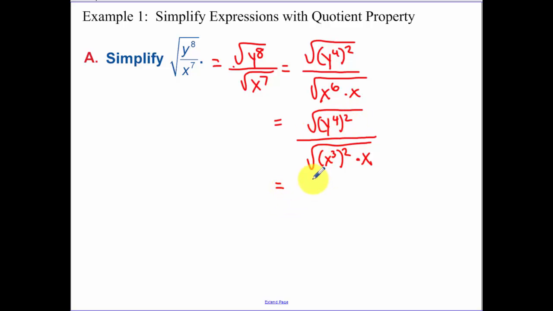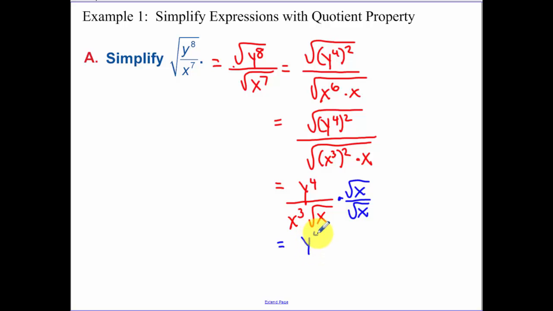So then on the top, the square root and the squared cancel, and I just end up with y to the 4th over x to the 3rd, and then I have this root x that's still left over. Now we don't like radicals in the bottom, so now we need to simplify that radical. We need to multiply by root x over root x, because then I would have x squared on the bottom underneath my radical.